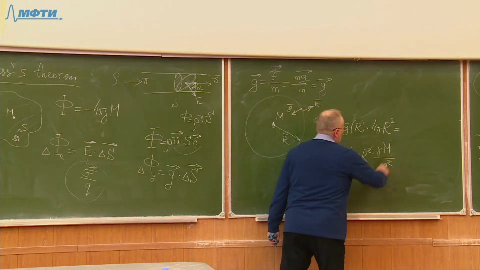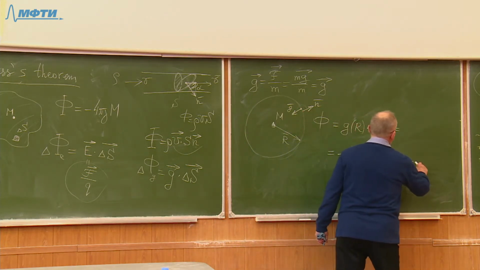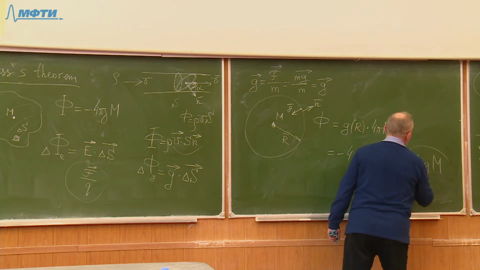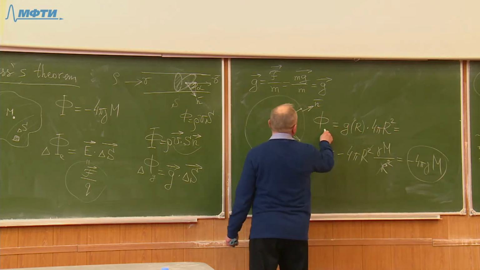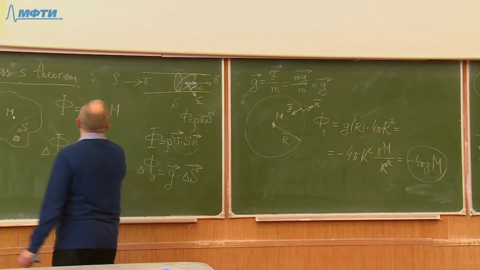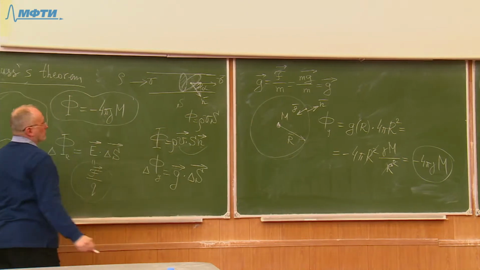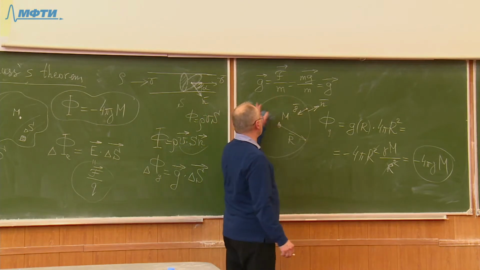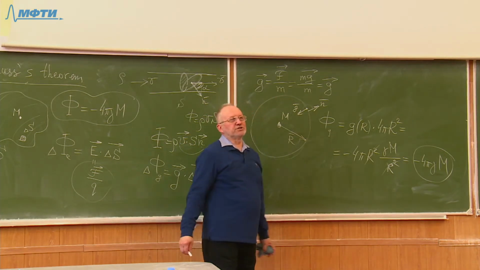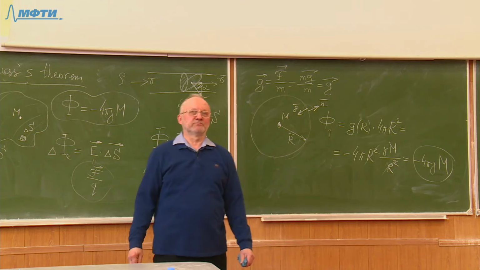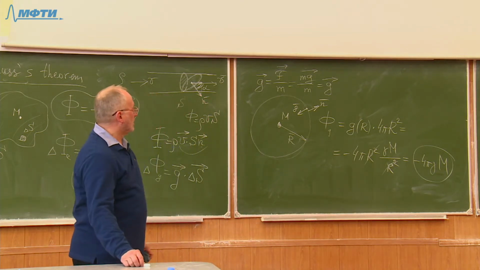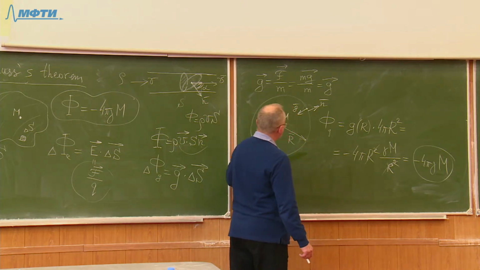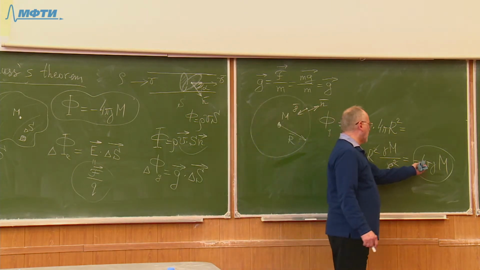So the radius will cancel, and what we obtain is minus 4 pi gamma M. The result for the flux in gravity field is what I have shown you from the very beginning, with the only difference that I have taken here a spherical surface, while we need to take an arbitrary surface. We need to generalize this result for an arbitrary surface.